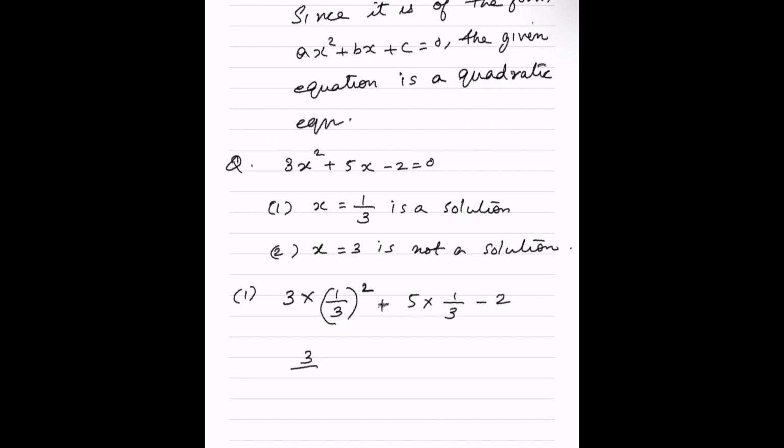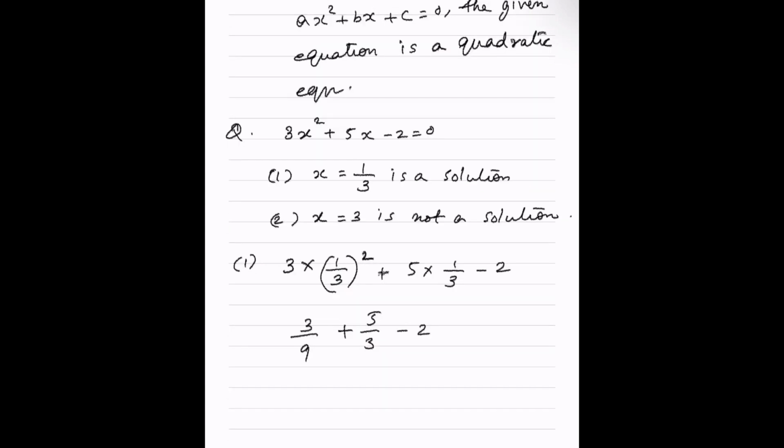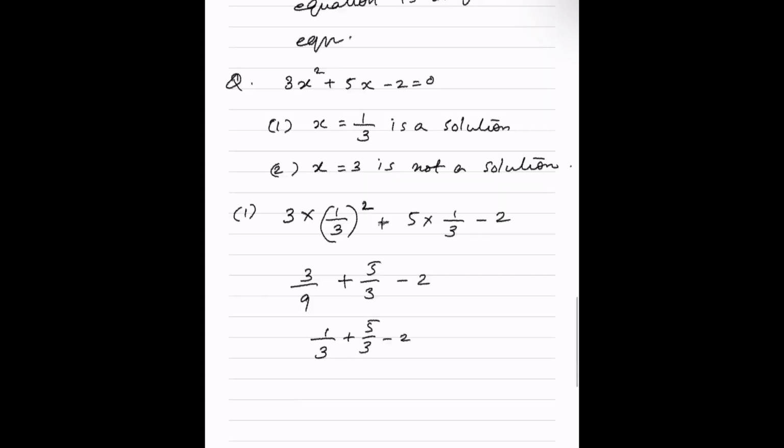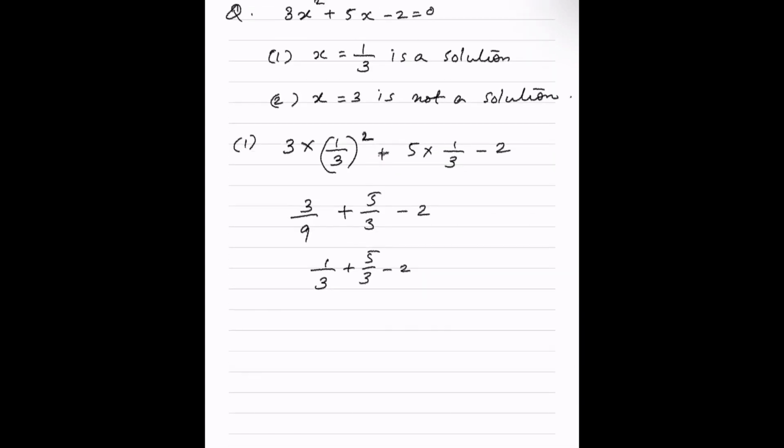This gives me 3 by 9 plus 5 by 3 minus 2. Here 1 by 3 plus 5 by 3 minus 2, which is 6 by 3 minus 2, which is 2 minus 2. 2 minus 2 is 0. Therefore, 1 by 3 is a solution.